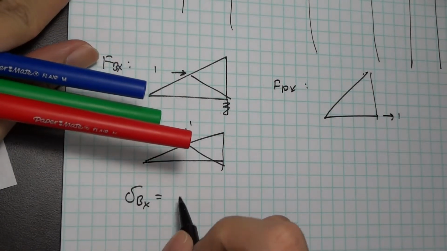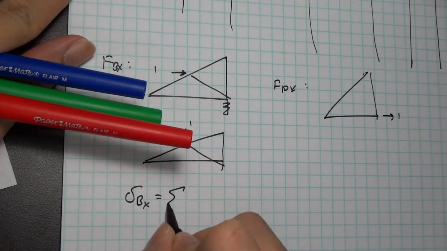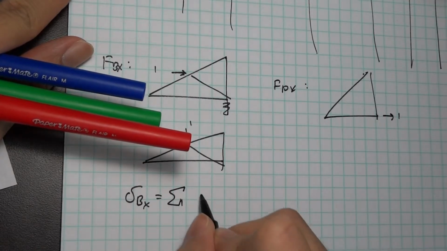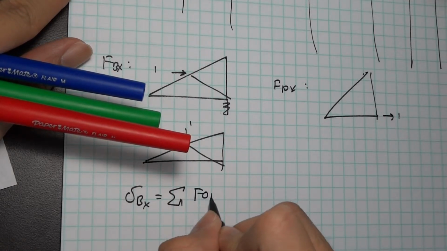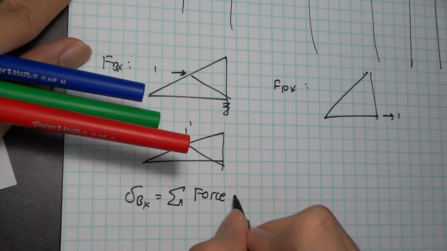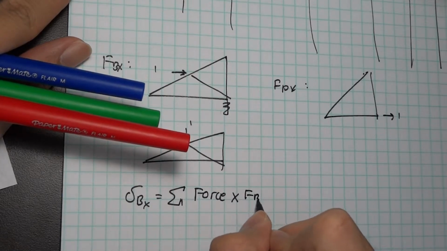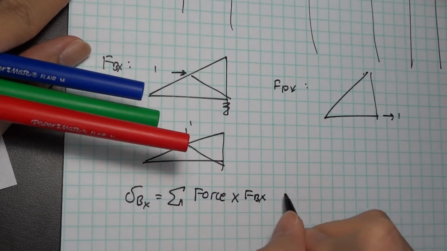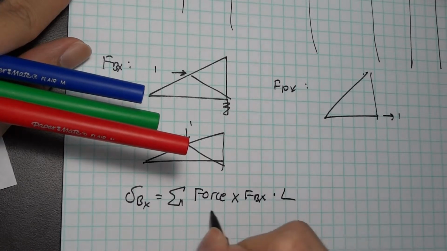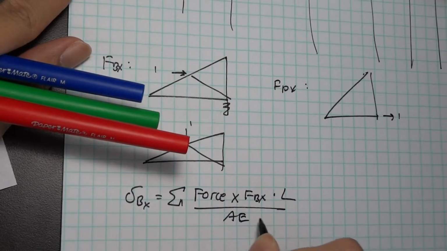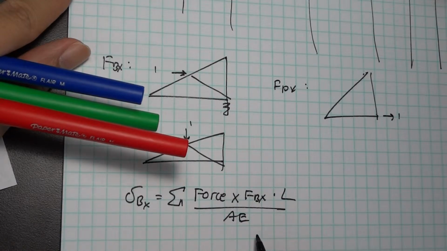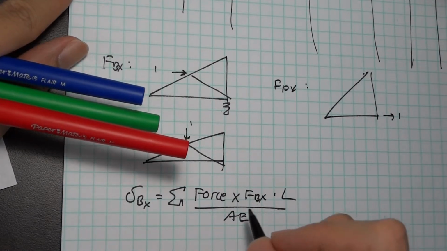They say use the sum of all forces times F bx times L divided by AE. So what happens here? What does this mean?